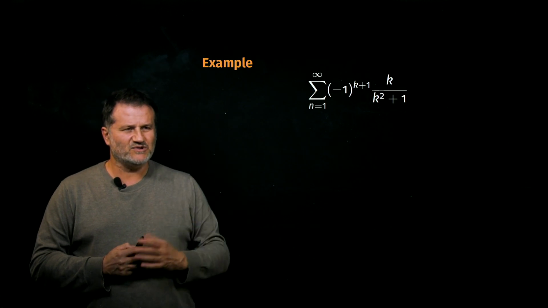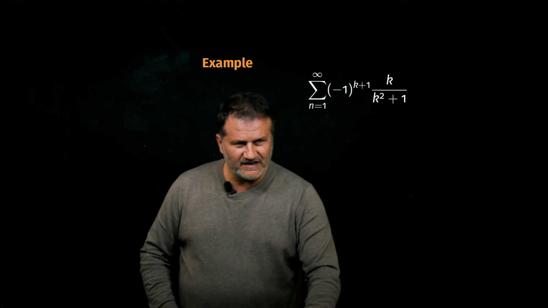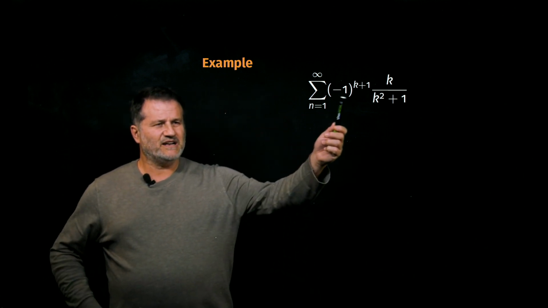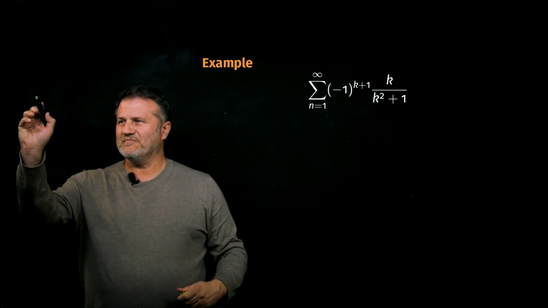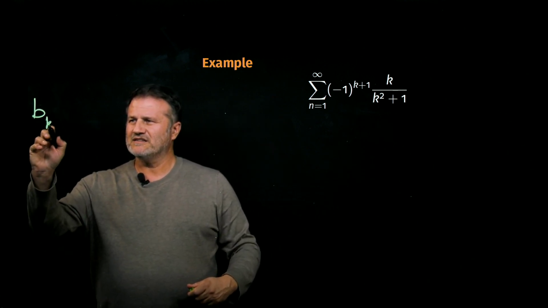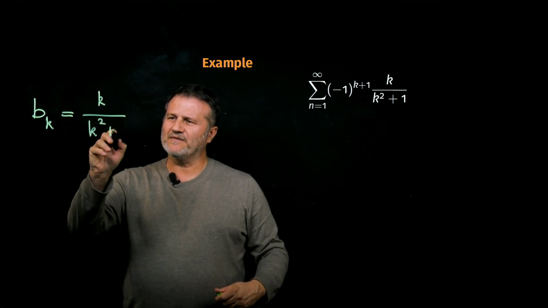Let's now see a more standard exercise type problem. So we have an alternating series, (-1)^(k+1) times k divided by k squared plus 1. Here bk is k divided by k squared plus 1.